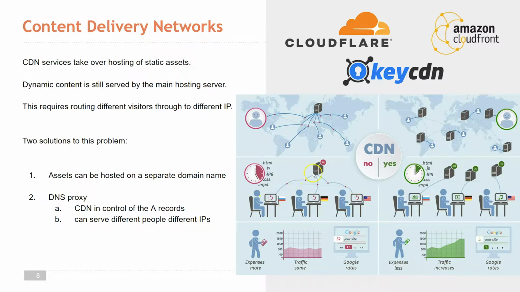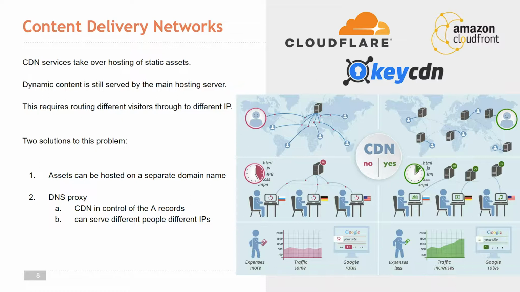So the way you get the HTML from the server, and the browser starts to fire out requests for your image in the header, then the image in the footer, and then the video. They are all separate requests, right? And they go through the CDN. So for every single request, the CDN can decide, okay, this is an image that I host, so I'm going to give you the IP of my server.